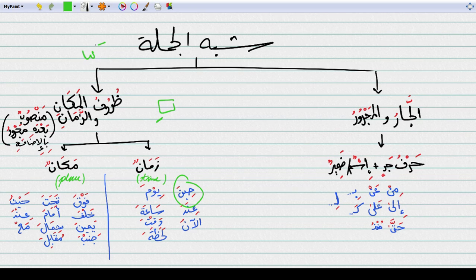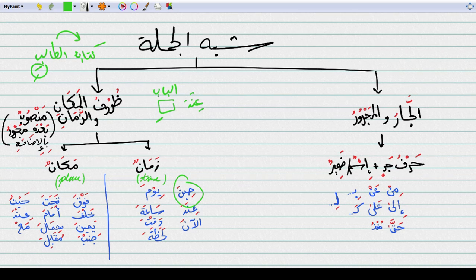For example, كتاب الطالب, right? So الطالب owns كتاب, and الطالب ends with كسرة. ظرف الزمان والمكان does the same thing. For example, if I say عند الباب, at the door, it's a location word.